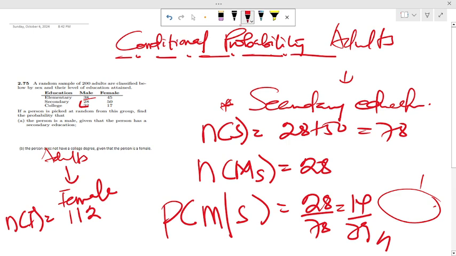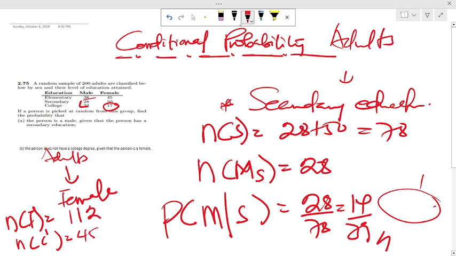112. Now, what is the main question? That the person does not have a college degree, right? So how many females have college degrees? 17, right? So females that do not have a college degree are the ones that have secondary education and elementary education.